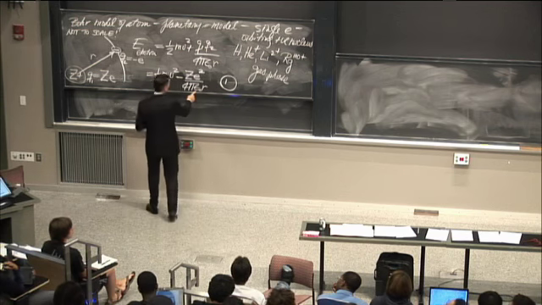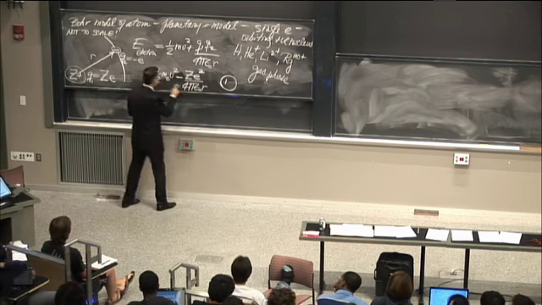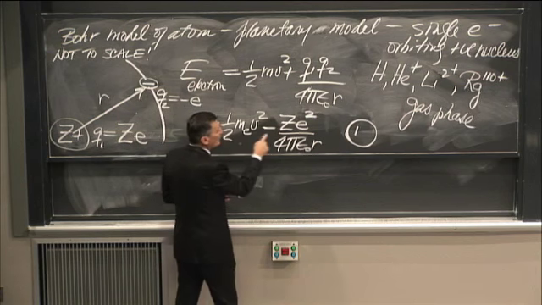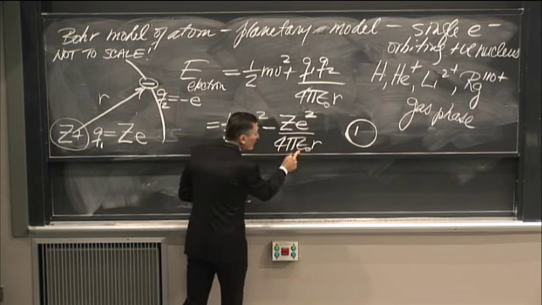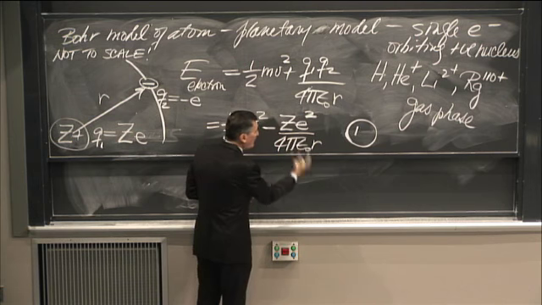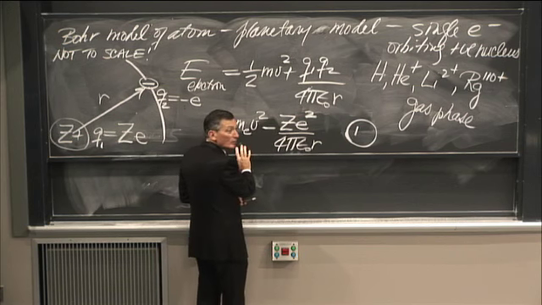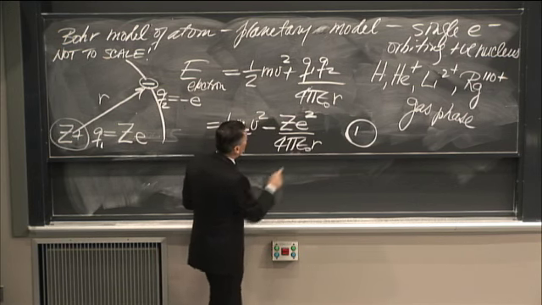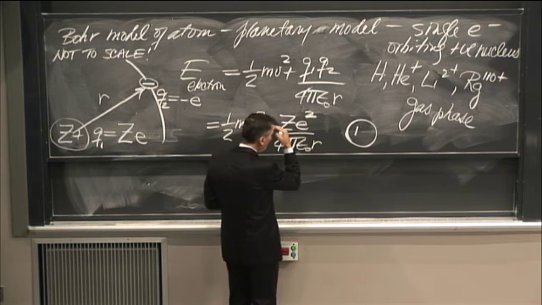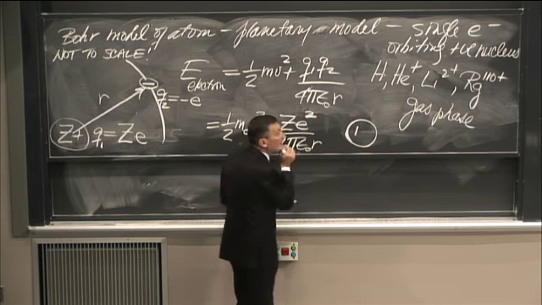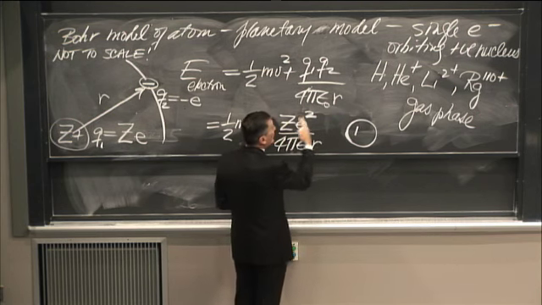And what's this 4 pi epsilon 0 doing here? Well, we know this is going to give us joules, and this is going to give us joules, and epsilon 0 is the factor that renders electrostatic units onto the same plane as mechanical units. If I plug in, this is coulombs squared, and this is meters. And now this thing is farads per meter, so I have farads per meter times meters divided by coulombs squared.